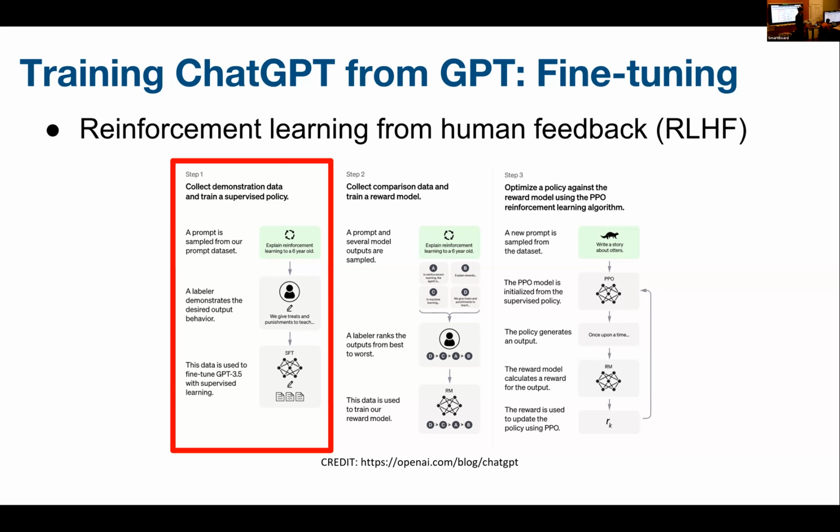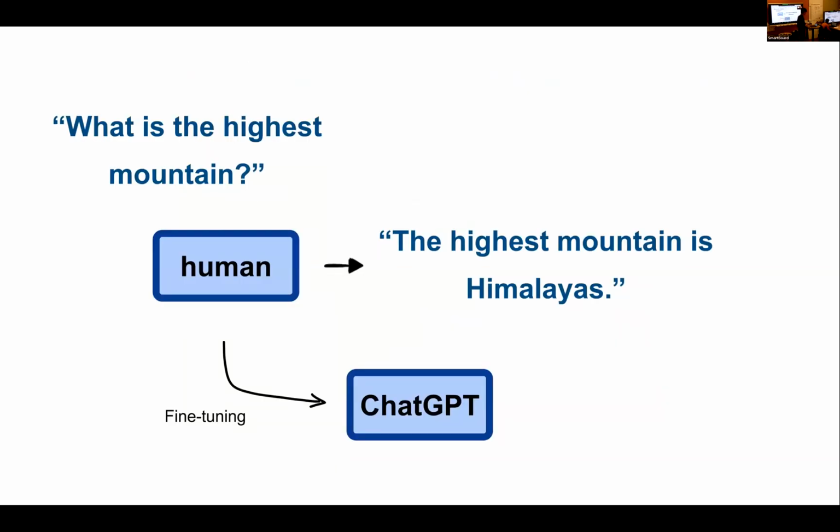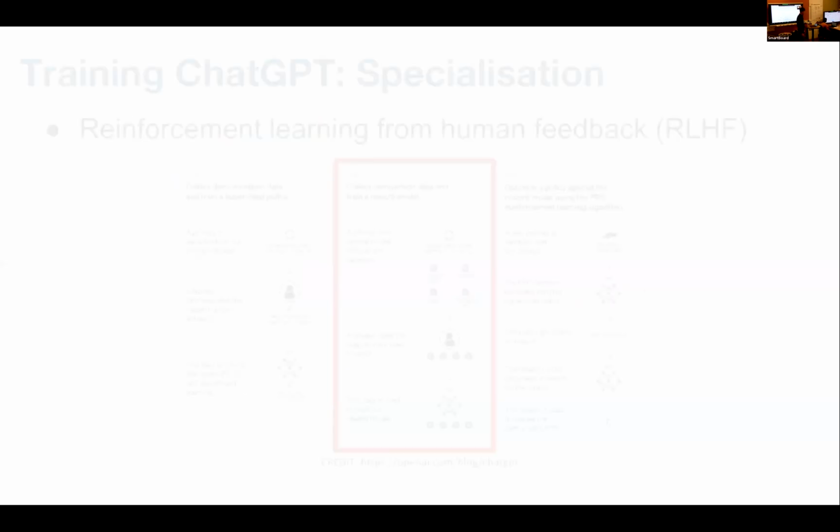Okay, and this outlines how ChatGPT is trained, or I guess fine-tuned from GPT. So once it undergoes this fine-tuning, it can say with confidence that the highest mountain is the Himalayas.